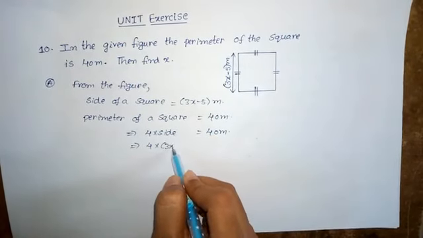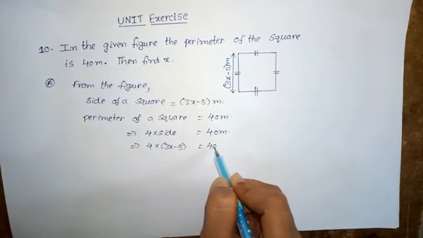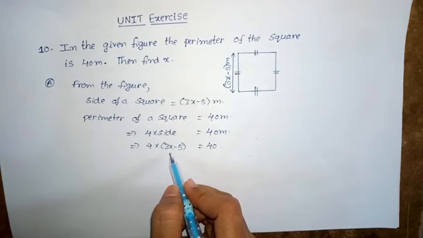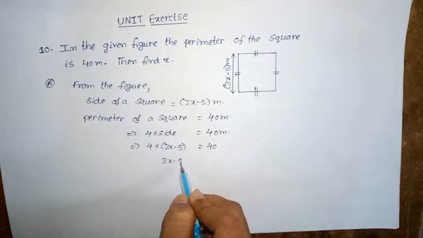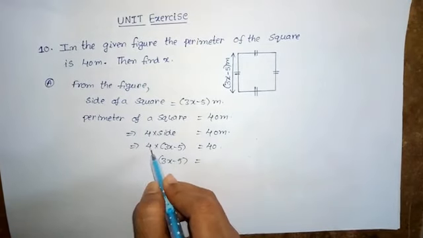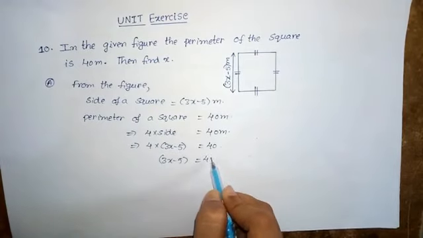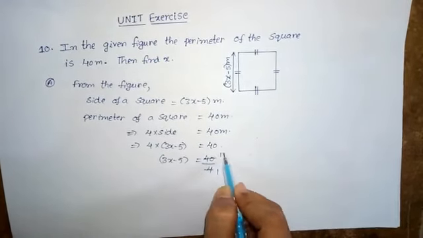So 4 into (3x minus 5) is equal to 40. So from this, simplify the x value. So 3x minus 5 is equal to 40 by 4. On the left side 4 is multiplication, it is moving to the right side, division. So 40 by 4. 4 1 ja 4, 4 10 ja 40.